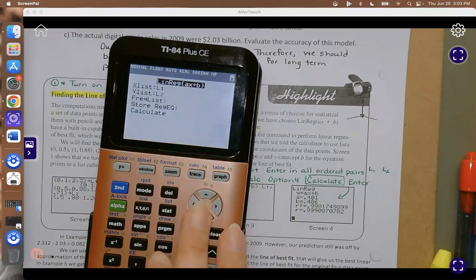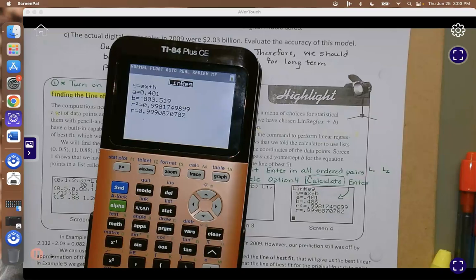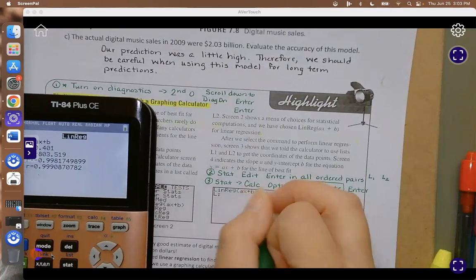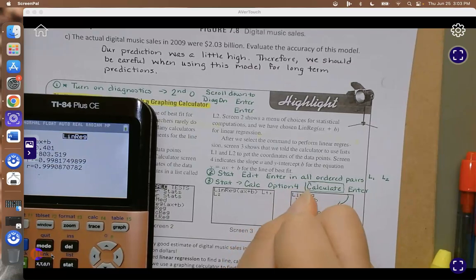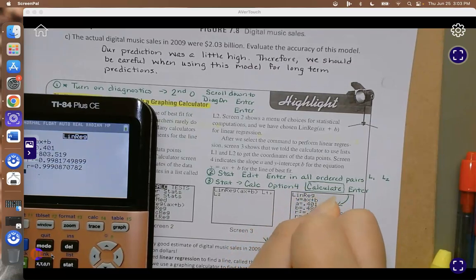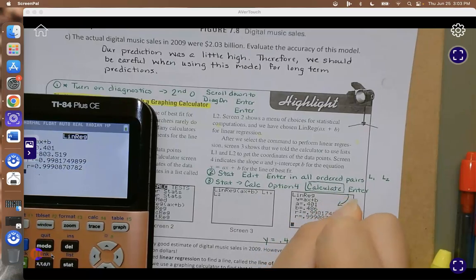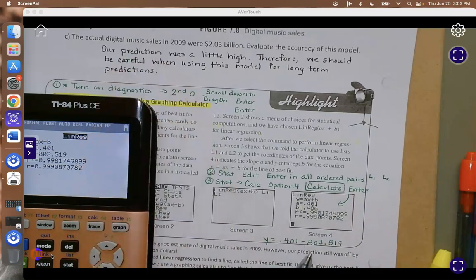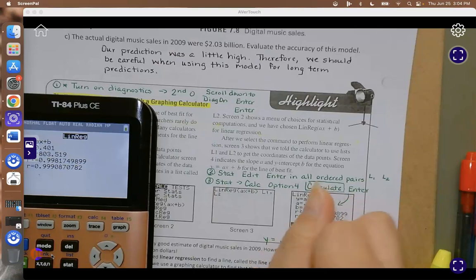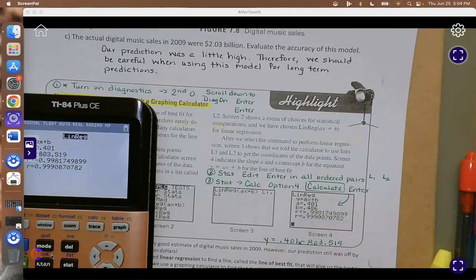Go down to Calculate, hit Enter, and if you look, you should have, our numbers here is different because we typed in the actual years. Here they used year 0 for 2005, but it's fine. So our equation is 0.401x minus 803.519. So our equation was just a little bit off in both the slope and the intercept.